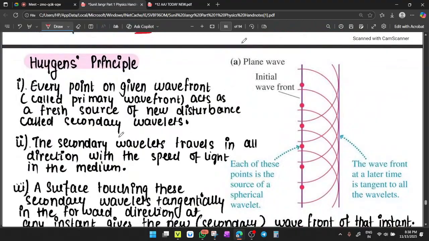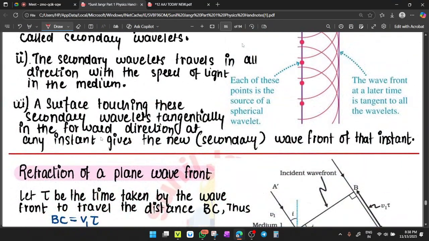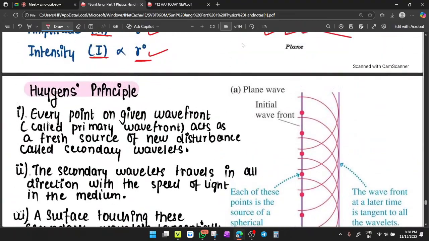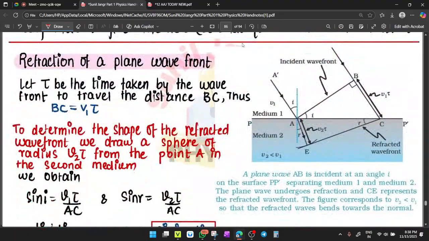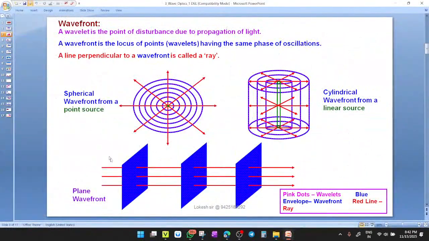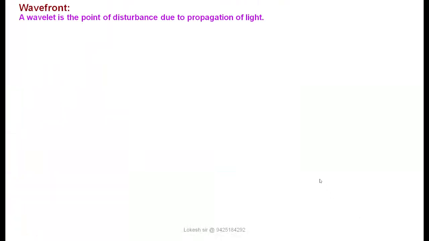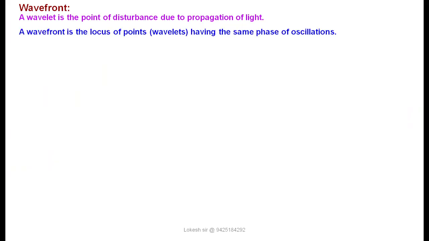So now it is Huygens principle. We have to study the Huygens principle. Huygens has given some statement that is called Huygens principle. So what is a wavelet? A wavelet is the point of disturbance due to propagation of light. Means when a disturbance travels, it creates further points of disturbance.